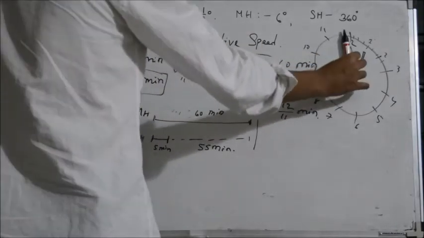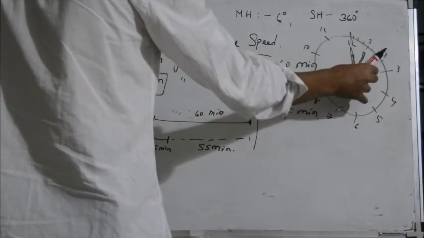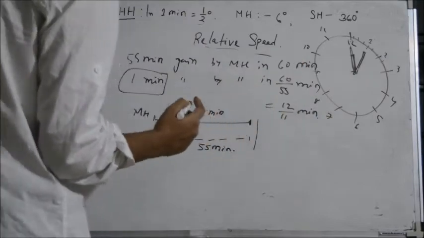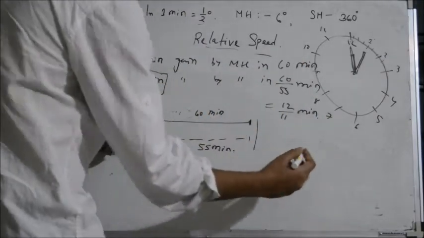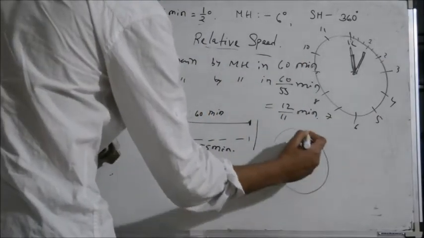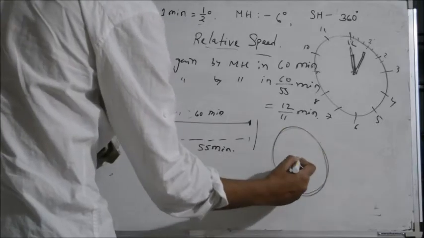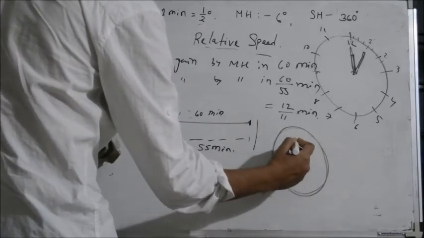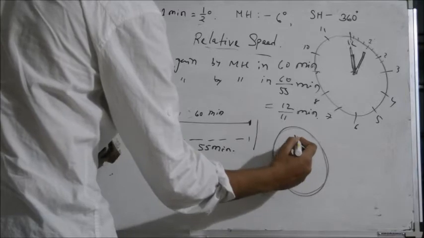Whenever the clock moves, the minute and hour hands will move. Now you have to pay attention again. Suppose it is 12 o'clock, suppose we are saying it is 3 o'clock.